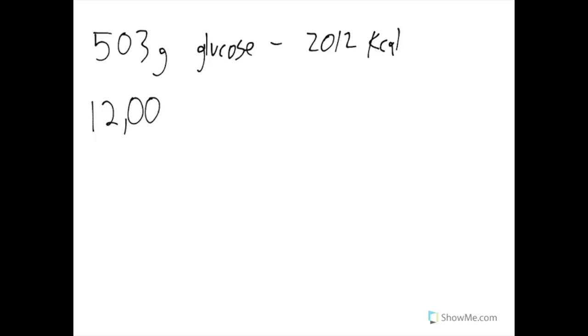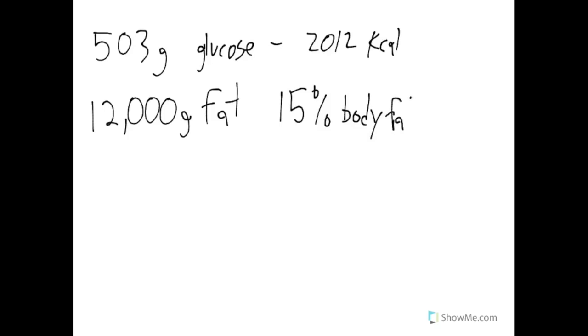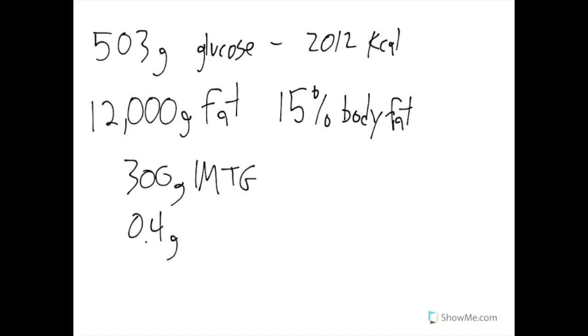Contrast that to fat. The average individual has about 12,000 grams of fat storage, and that's with a 15% body fat average individual. We have about 300 grams of intramuscular triglyceride, about 0.4 grams of circulating free fatty acids in the plasma, and then about 4 grams of plasma circulating triglycerides.